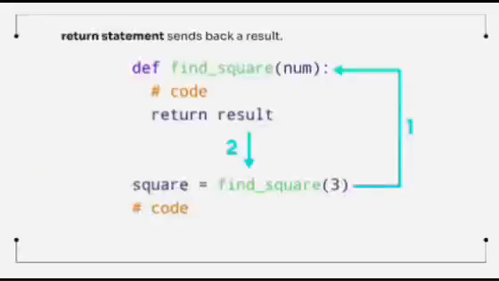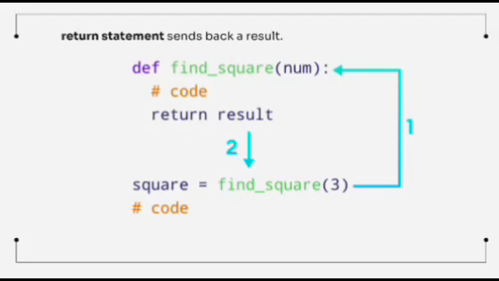Next, the return statement sends back a result. If a return is there, it sends back the result. So define find square of number, return result. Square equal to find square of 3.